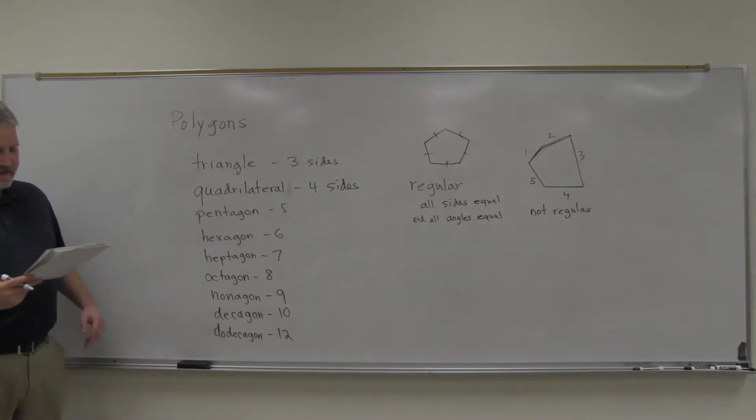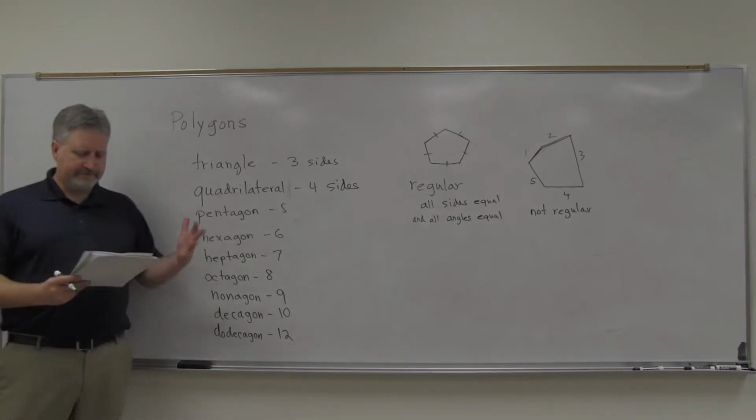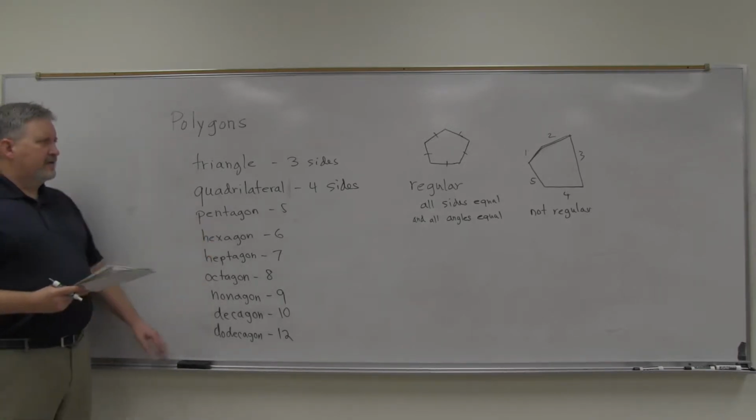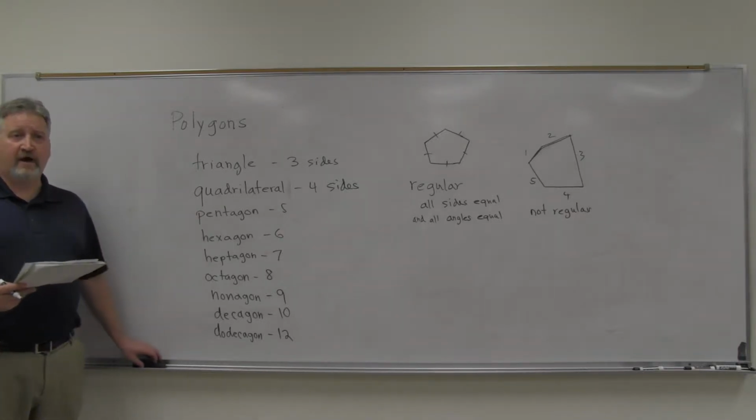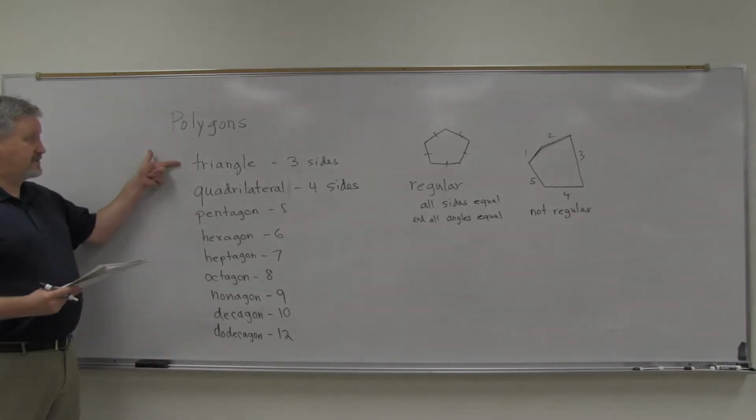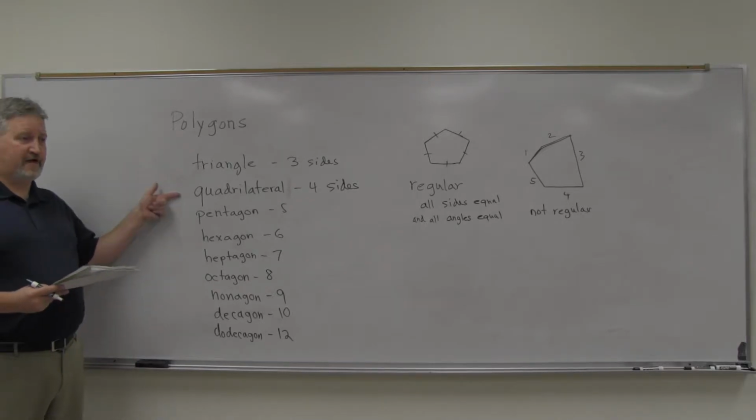Okay. The other thing here I wanted to spend a little time on. Well, one thing on the triangles is there's different types of triangles. There's different types of quadrilaterals.